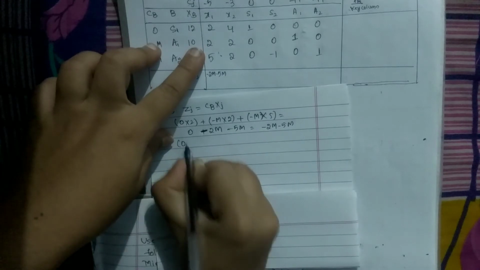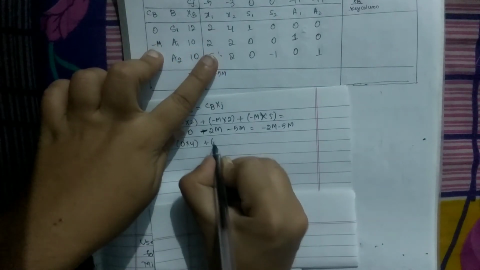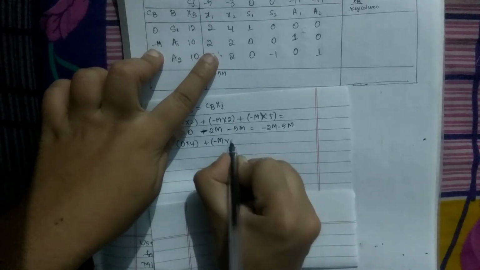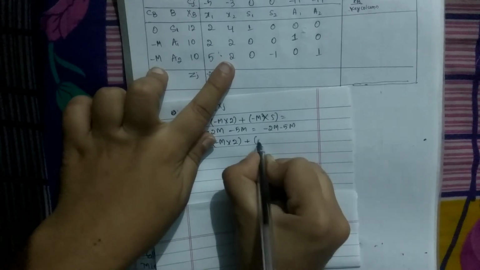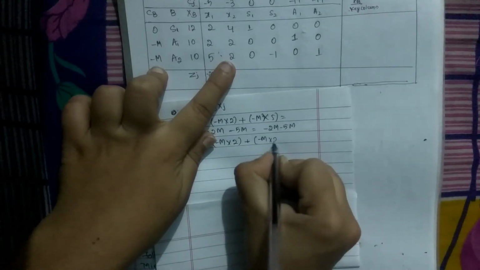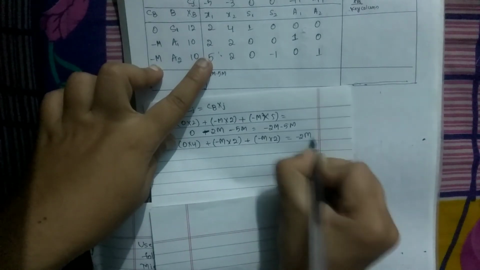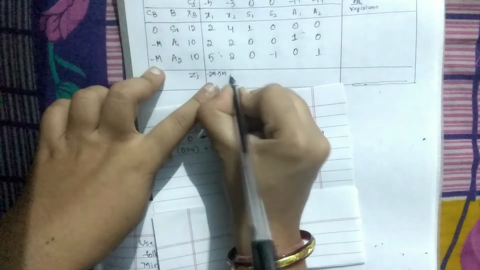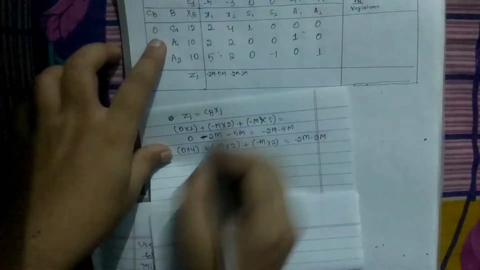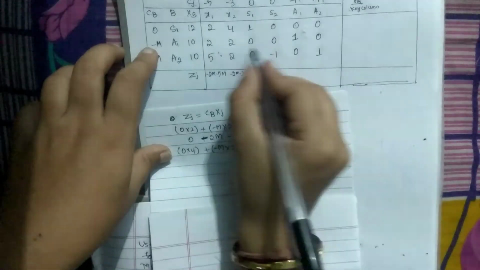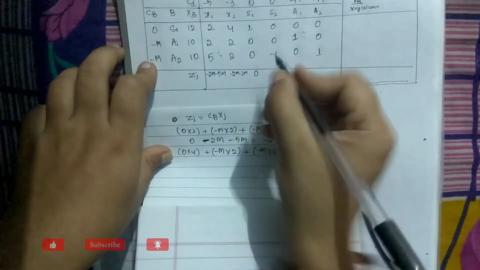Next, also the same: 0 into 4 plus minus M into 2 plus minus M into 2 becomes minus 2M minus 2M. Then for the next column, 1, 0, 0: minus M into 0 and minus M into 0 becomes 0.